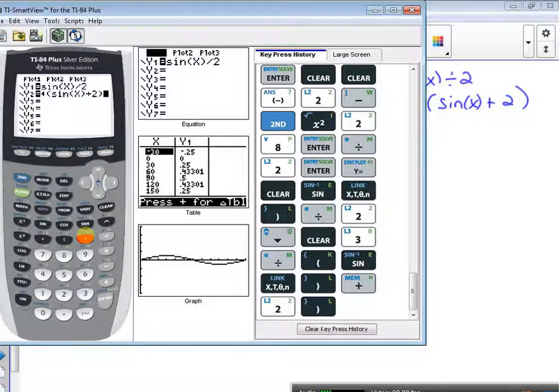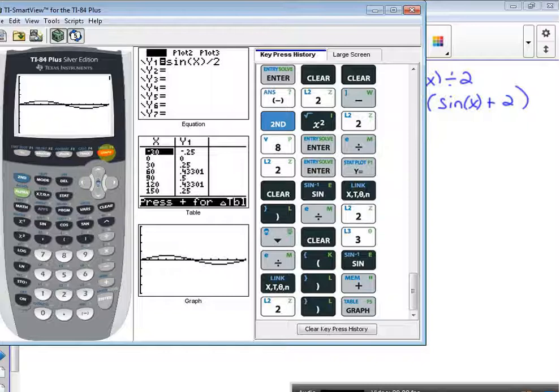There we go. And the window should be set. Okay, so I don't see them intersecting anywhere, the two of them. I'm not looking where they're intersecting the x-axis anymore. I'm looking at where the two sine curves intersect, and I don't see it from 0 to 360. So that verifies that there's no solution.